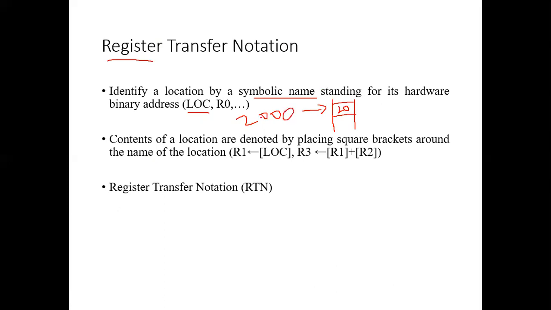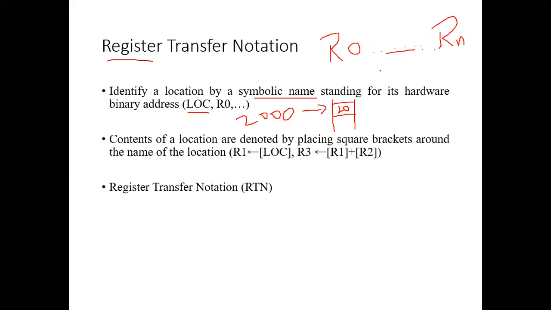Typically the general purpose registers will be numbered from R0 to Rn. When we talk about general purpose registers, they don't refer to memory locations.